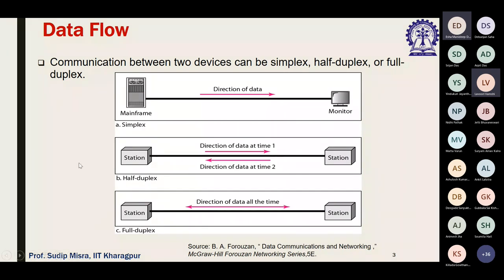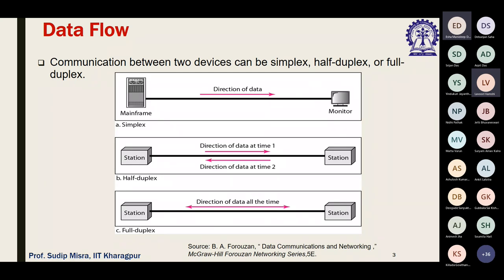In other words, if station A wants to send some data to station B, it can do so, but at the same time station B cannot send to station A. It is bidirectional, but it cannot be at the same time.